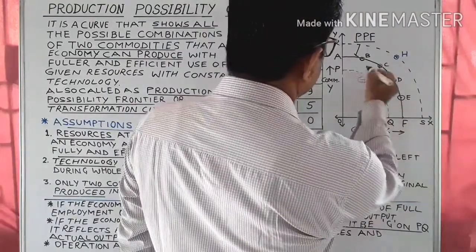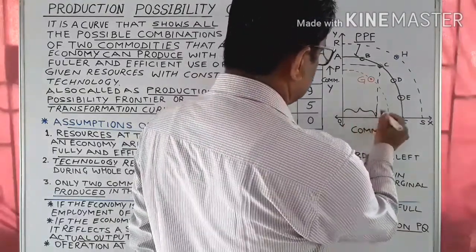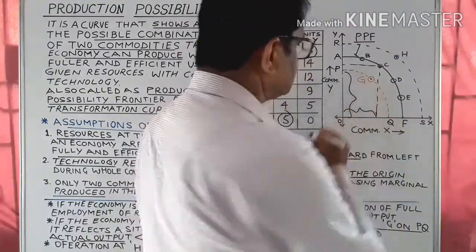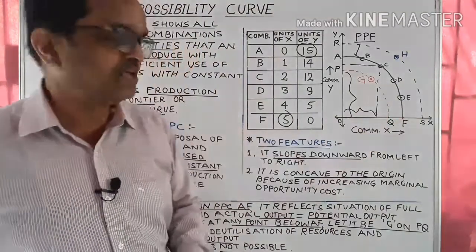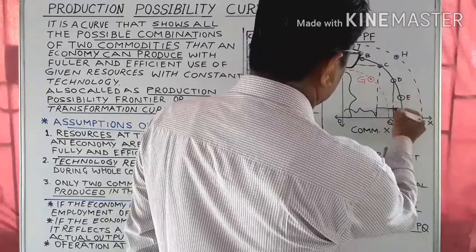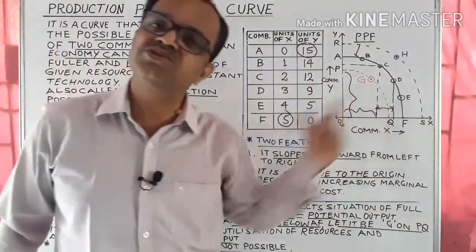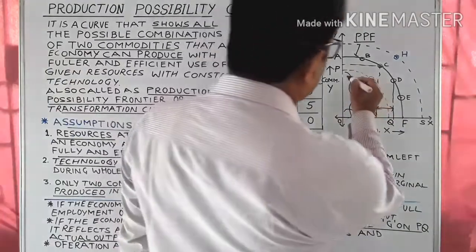This is the combination C, which shows the total units of X and the total units of Y that the economy is producing. Now the economy wants more units of commodity X. It has to produce more units of commodity X. Then what does it have to do?